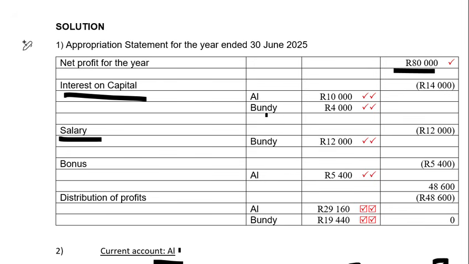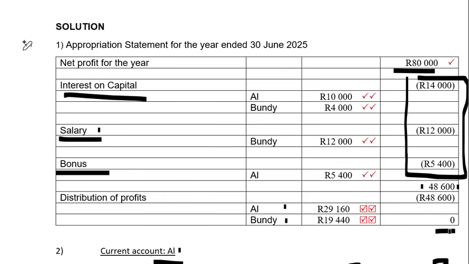After the interest on capital and the salary had been taken off, the bonus was calculated. And then the final profit after these amounts had been taken off the net profit, the 48,600 in this case, gets split between L and Bundy. And now there's no more profit to divide.